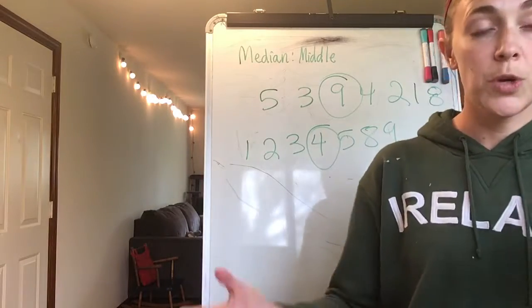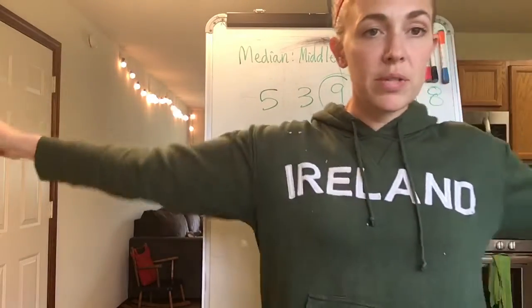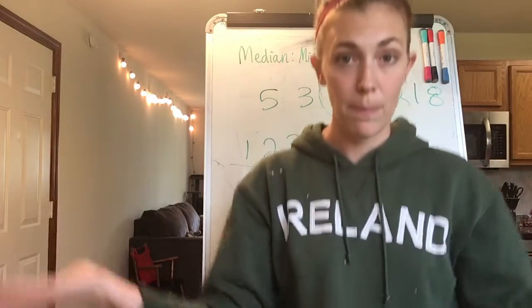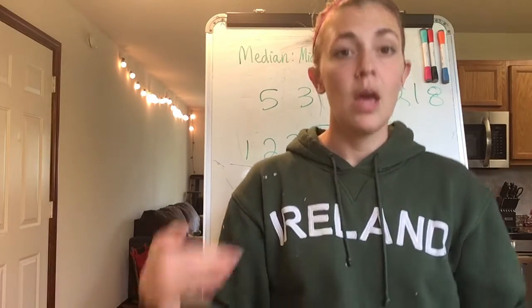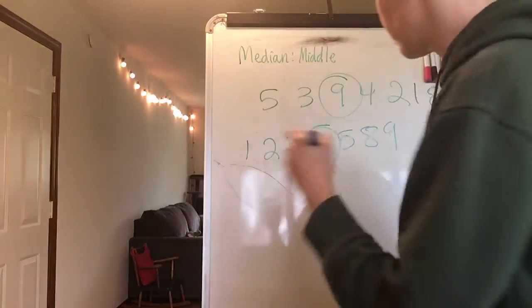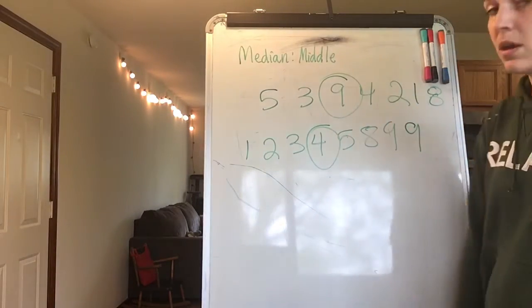And the answer is no. When you add data to both sides, the median is going to stay the same because it's still balanced out. But then it went on to ask, if I were to add another number, let's say I added another 9. So I put a 9 there.